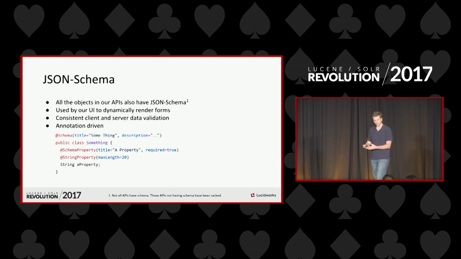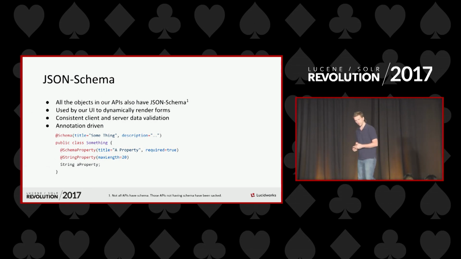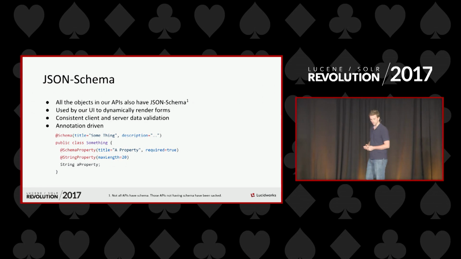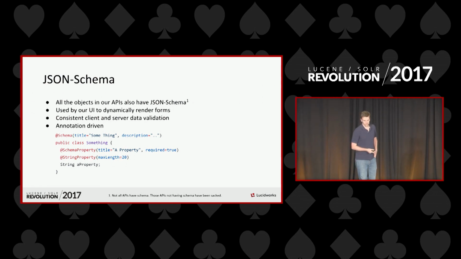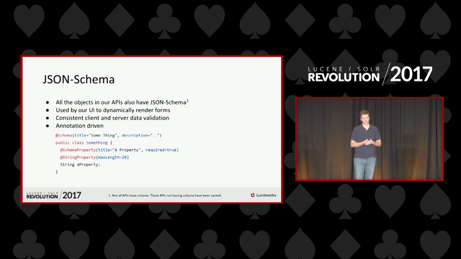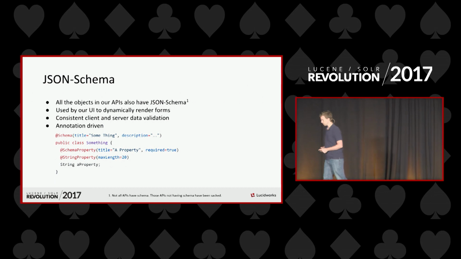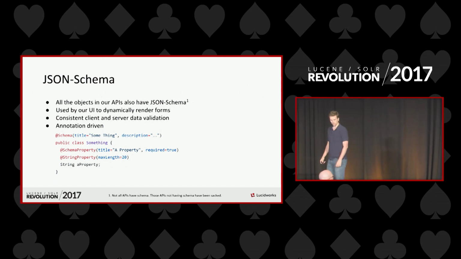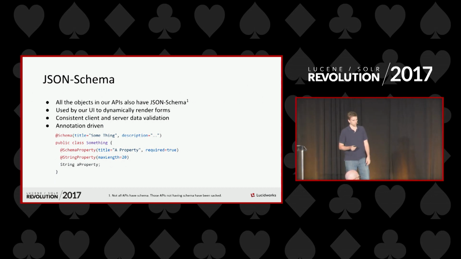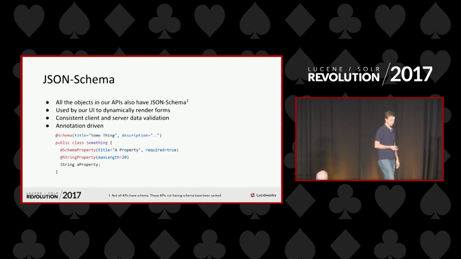So you go make the change and test it and deploy it, and then the UI team needs to go do the same thing. Well, what we've done is create a UI which is dynamic and will render forms for editing objects based on the schema. So if you want to change the mouse over text or a description or even add fields or change types, you don't have to make any changes to UI code. It's all schema driven. So that's been a big help.